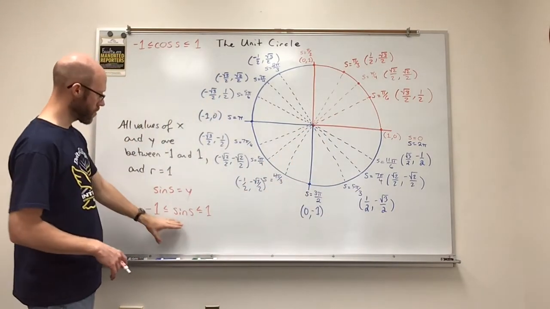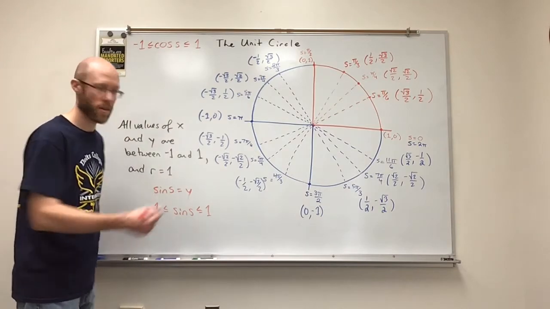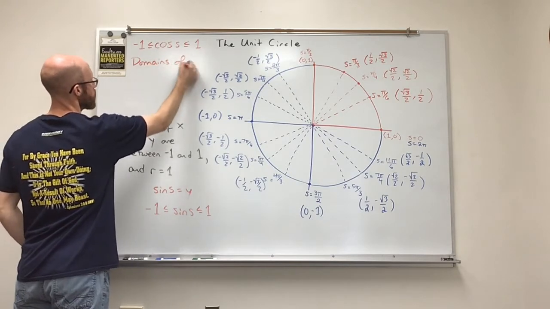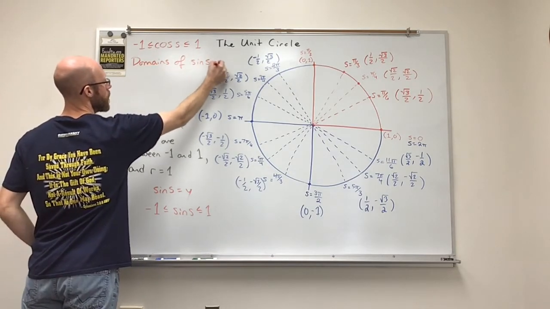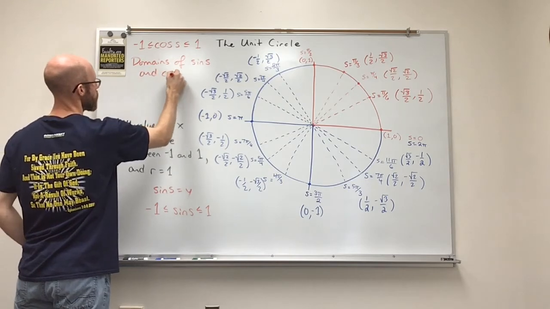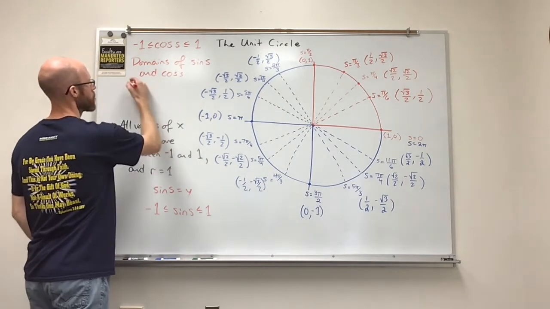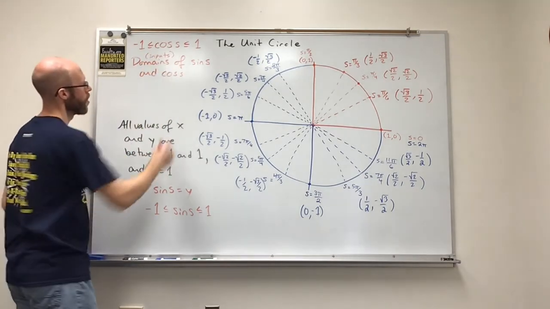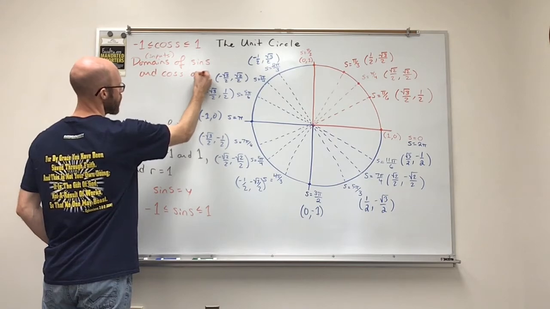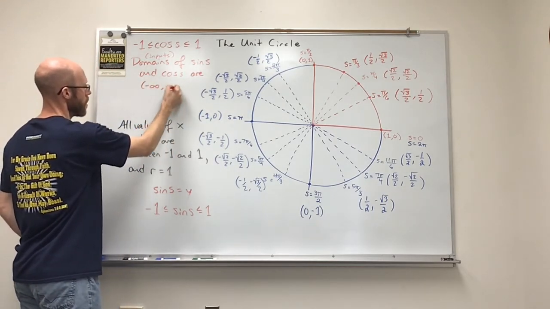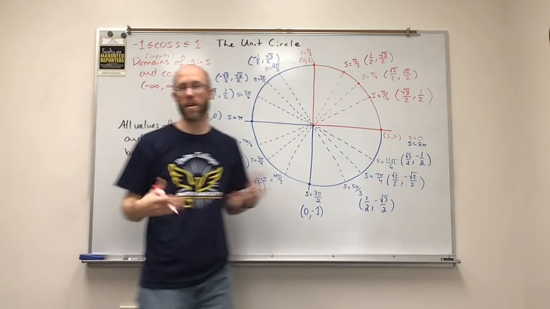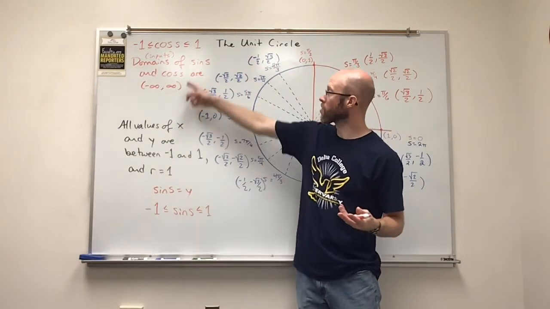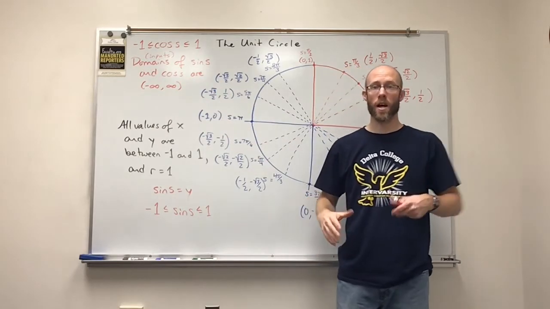So the domains of sine and cosine, the inputs, are going to be negative infinity to infinity. It's all real numbers. You can plug any angle or any arc length into the sine and cosine and get a value out.